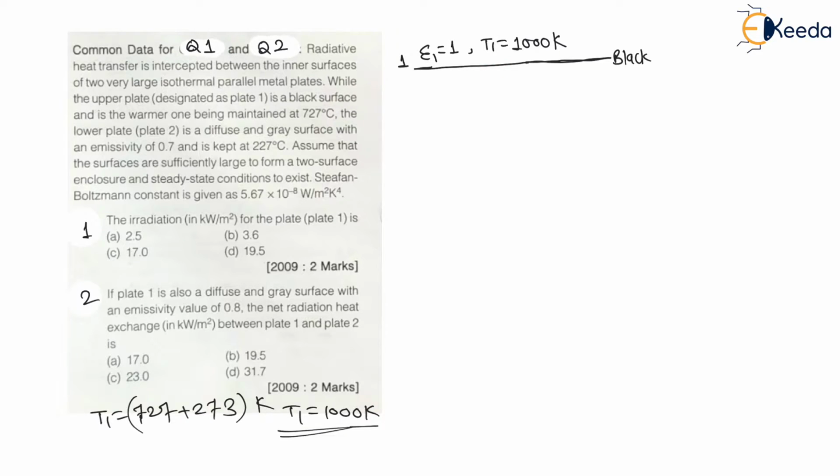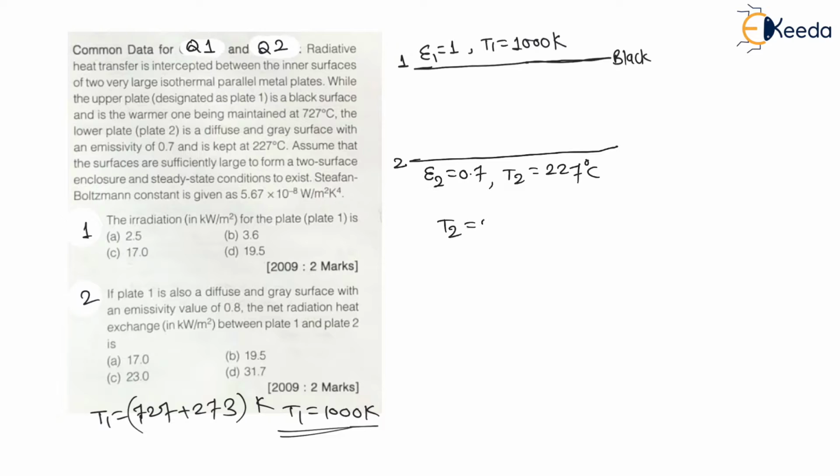Now the lower plate, plate 2, is a diffuse and gray surface with an emissivity of 0.7 and is kept at 227 degrees Celsius. Let us say there is a lower plate like this, designated as number 2, with emissivity E2 equal to 0.7 and temperature T2 equal to 227 degrees Celsius.